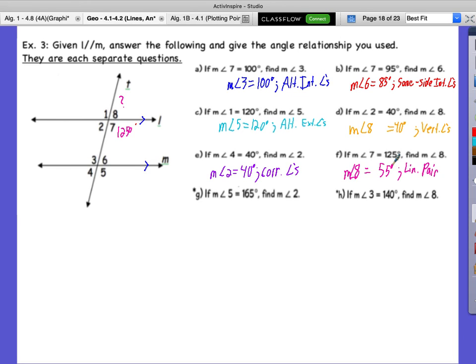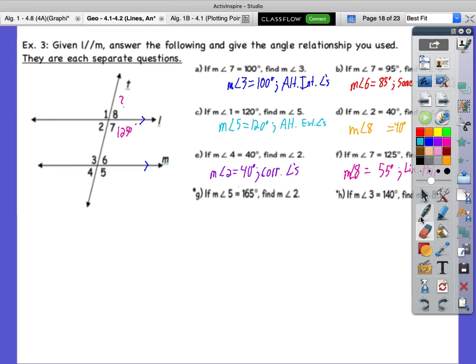Okay. Now you notice on G and H, what's different? What do we see right before G and H? We see little stars, right? It means something's a little bit different. Here's what's different on G and H: you have to use a third angle. Because from angle 5 to angle 2, if we're given angle 5 and trying to find angle 2, we cannot go straight there.